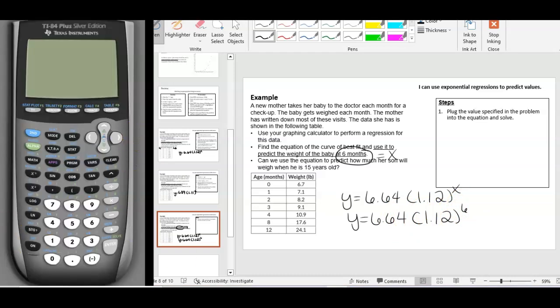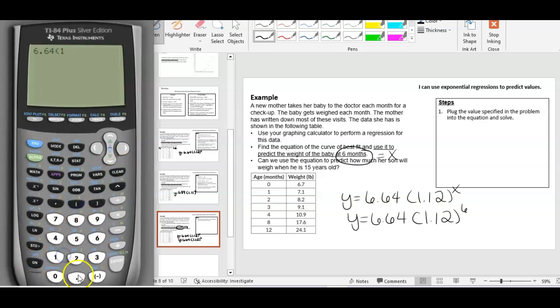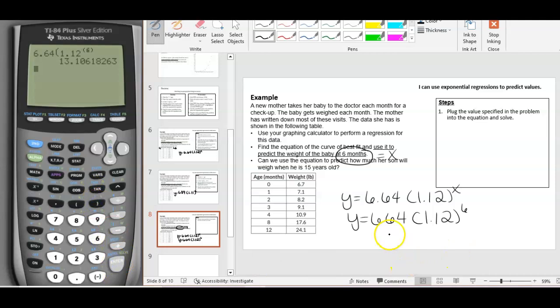So let me go ahead and go to our calculator. And so let's plug this all in. So we have 6.64 times 1.12 to the 6th power. And then when we hit enter, it gives us 13.1. So we would say that y is approximately equal to 13.1 pounds. So that is approximately the weight of the baby at 6 months.